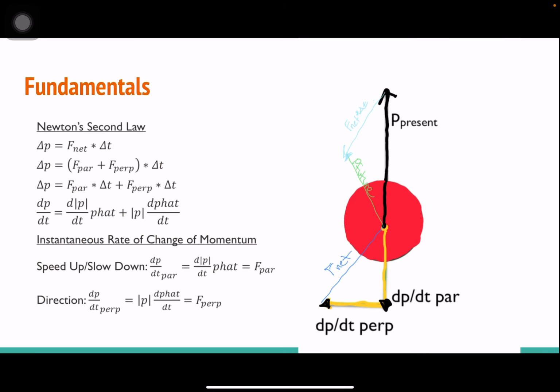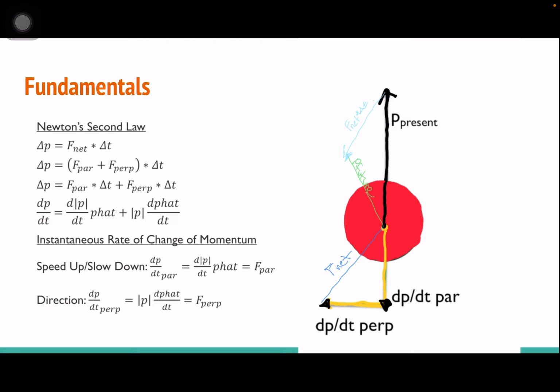So some things to be reminded of when doing this lab is that we need to use Newton's second law. But since we don't know what FNet is, we split FNet into FNet parallel plus FNet perpendicular. And we multiply delta t into that and derive everything.